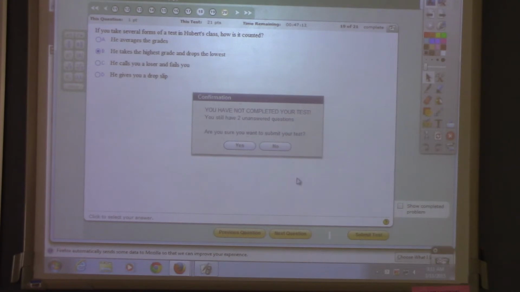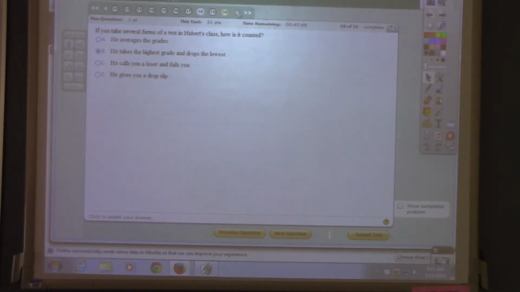All right, now somebody tell me which question. We got to go look at the question that I started off with. That's the question about the fraternal twins. I think you got one more question to do. There's 21. Oh, there is. Oh, I thought there was only 20. Oh, that's the one that says Donald Duck. Does Hubert replace your lowest test grade with the final exam grade?